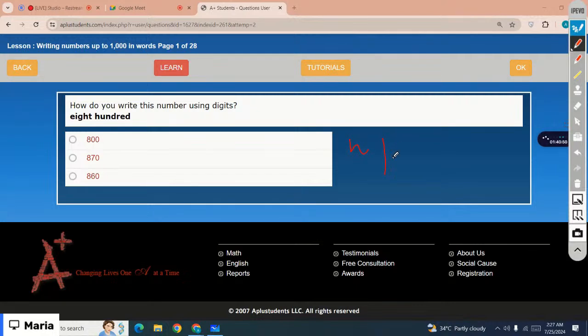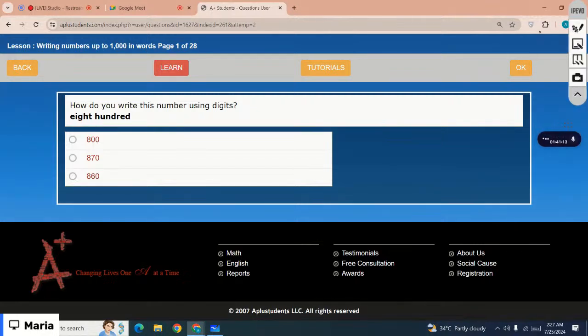You have hundreds, tens, and ones. So you have only 800. You're not given any other digit. 8 is at the hundreds position. That means the other digits must be 0. So you can write it as 800. Option number 1 is the correct option. The correct option is 800.